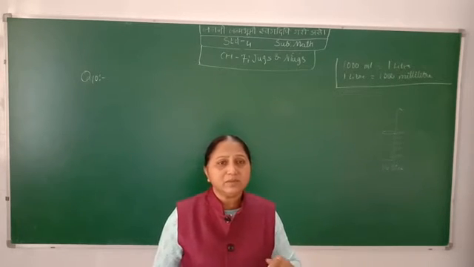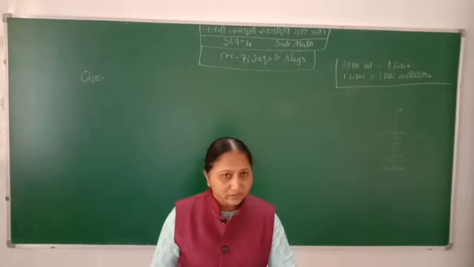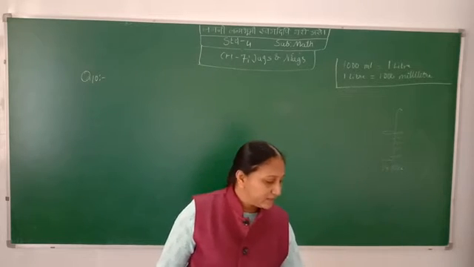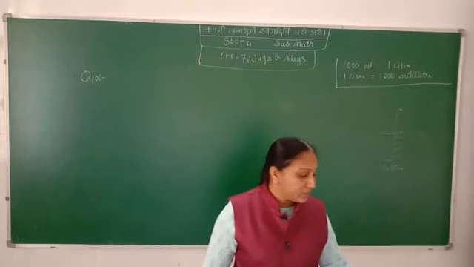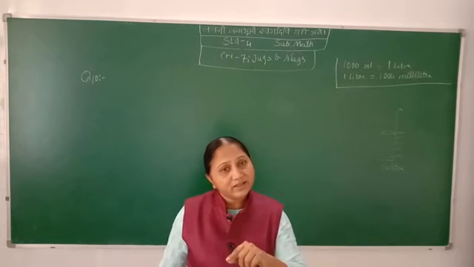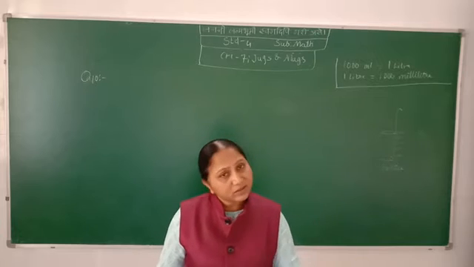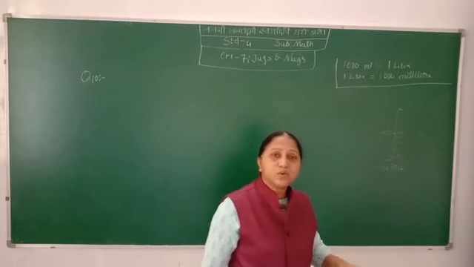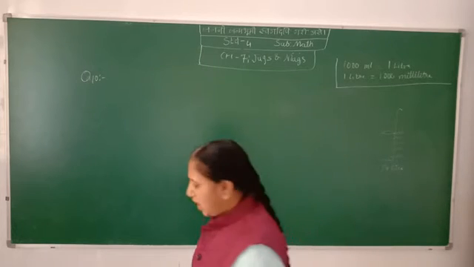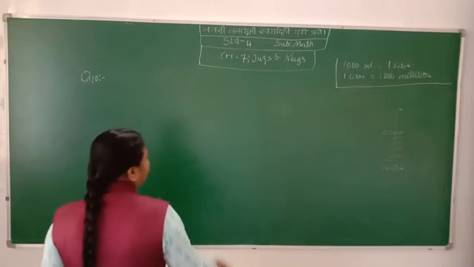How many times will he pour? If he pours 1 time, it is half liter. The second time, it will be a full liter. The third time, it is 1.5 liters. And the 4th time, it will be 2 liters. So how many times does he have to pour? 4 times.